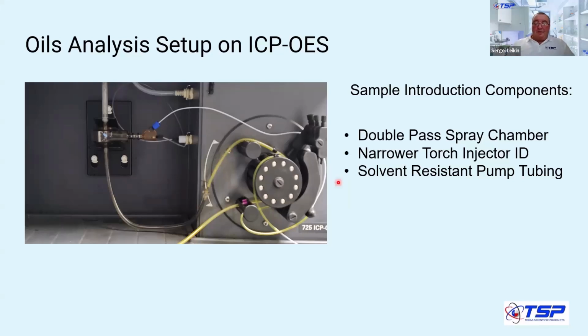Also, one of the key components in successfully running oil analysis is a robust nebulizer. When I see on the picture of the samples here something with particulates and pretty heavy consistency, you definitely need something that can handle it.